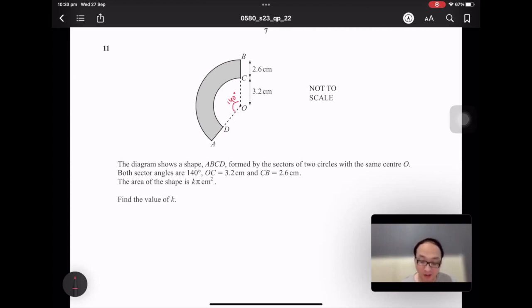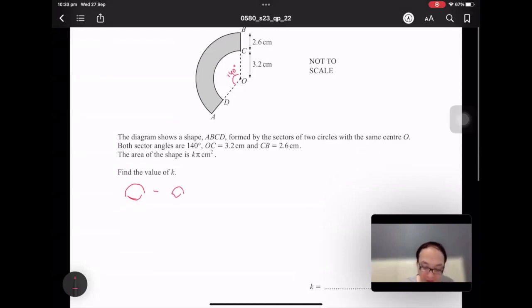So we have to find the area between the two arcs. That means we can find the big sector area minus the small one.